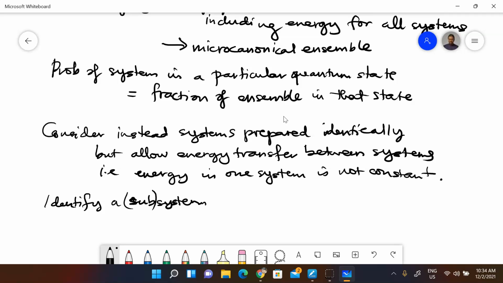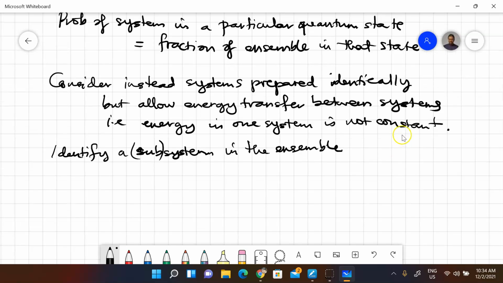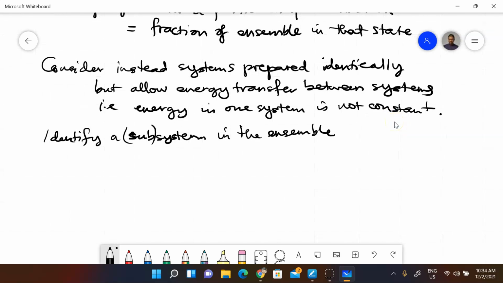Okay, so identify a system there in the ensemble such that you consider other systems in thermal contact.